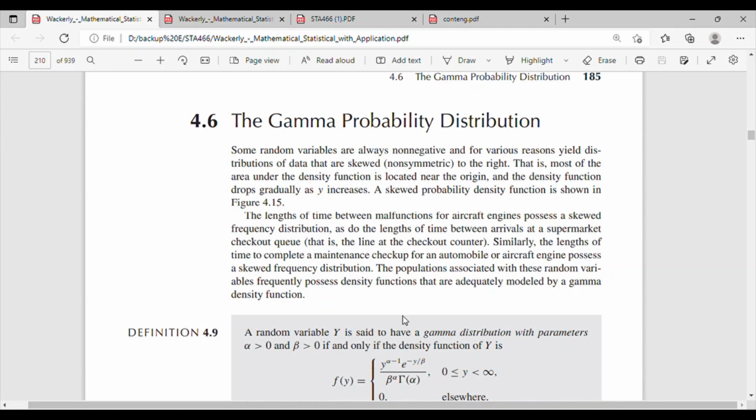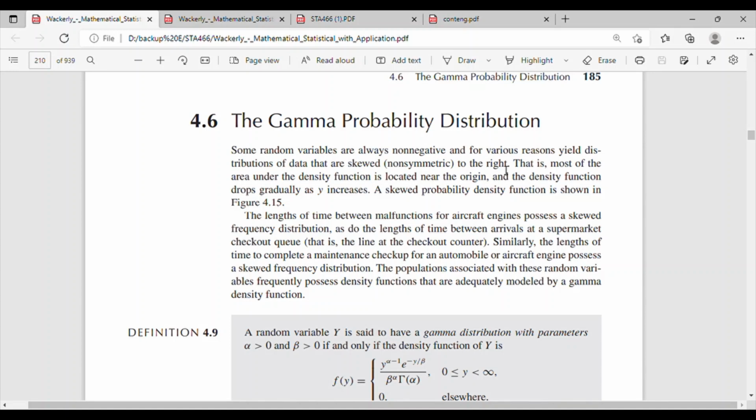Let's see the first paragraph here. It says that some random variables are always non-negative, and for various reasons, the distribution of the data is skewed, or non-symmetric, to the right. Before this, the normal distribution was symmetrical, bell shaped, with a PDF range from negative infinity to infinity, with a positive side and a negative side.